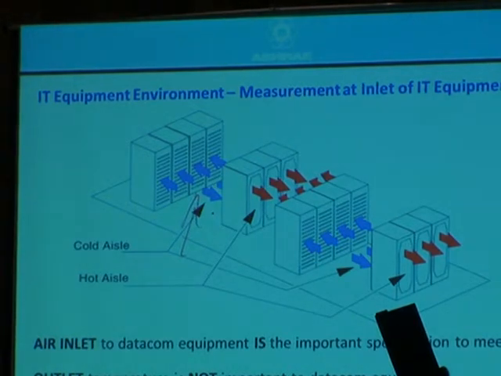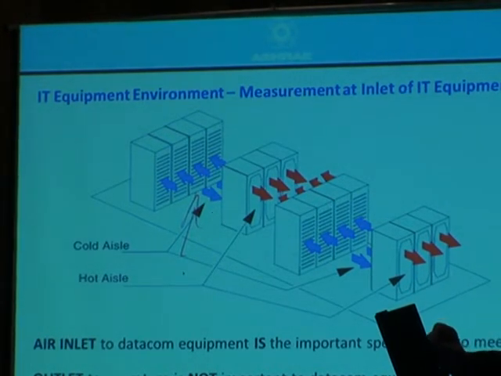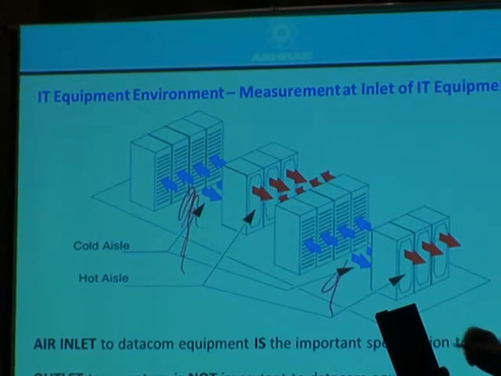And I would blow chilled air underneath the floor with air conditioning. And then the chilled air would come up through perforated tiles in the raised floor. Those perforated tiles would exhaust the chilled air into the cold aisle, and then that chilled air would be sucked into the servers.